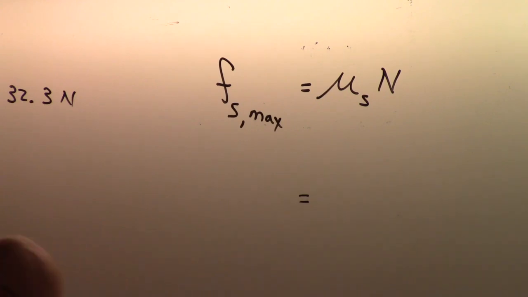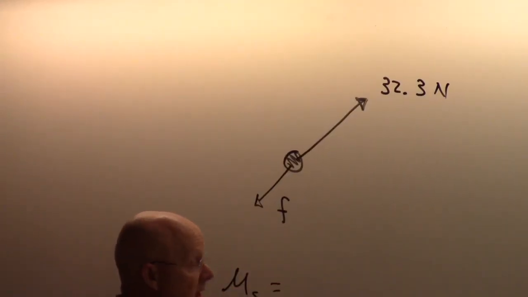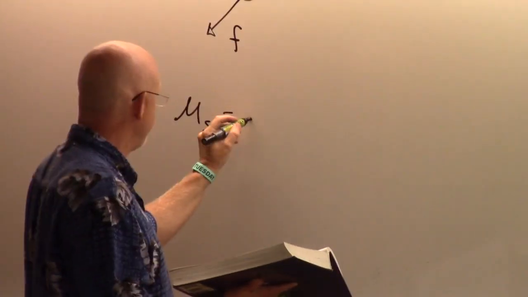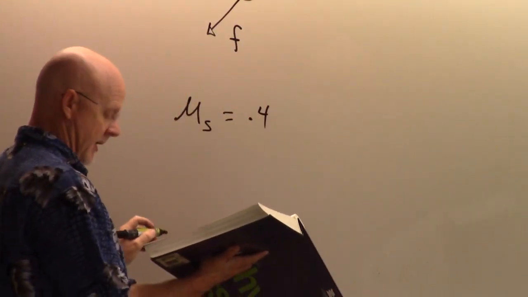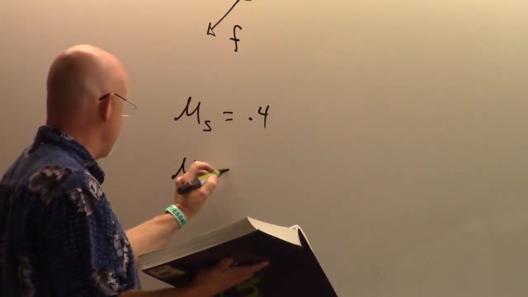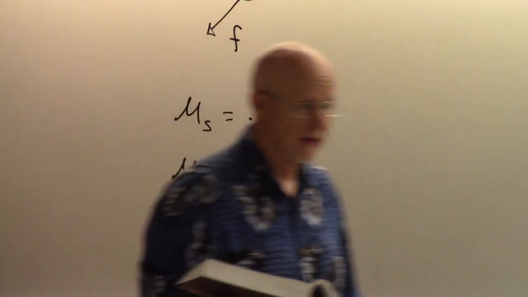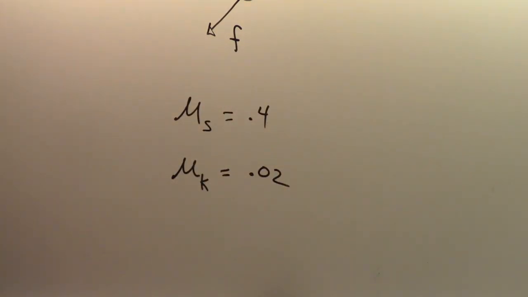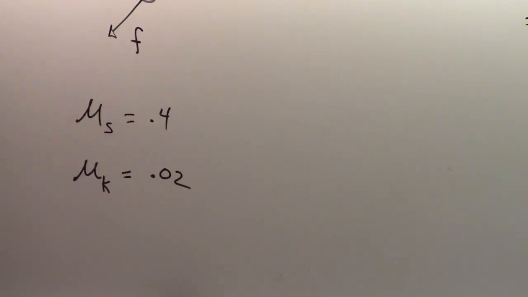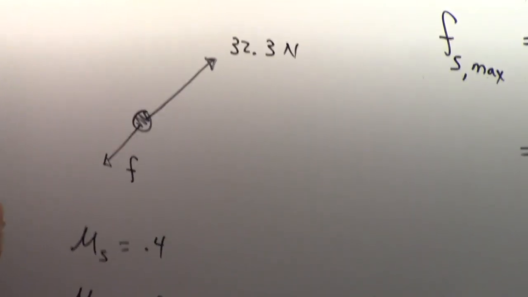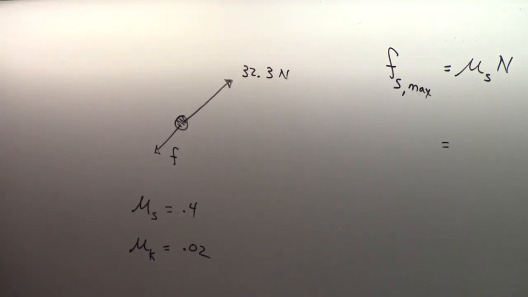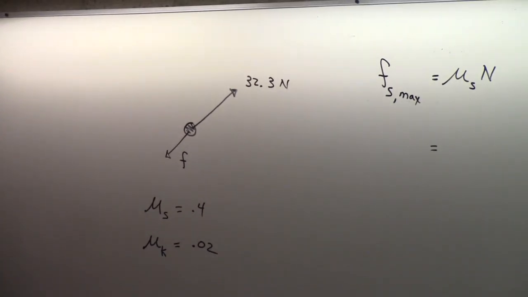And so steel on ice has a coefficient of static friction of 0.4 and a coefficient of kinetic friction of 0.02. So it's a big change, which is kind of nice. You can stand there, walk around, you can actually move and walk on ice skates. But once you start gliding on them, once you start sliding, there's actually very little friction. That's the neat thing about steel on ice.